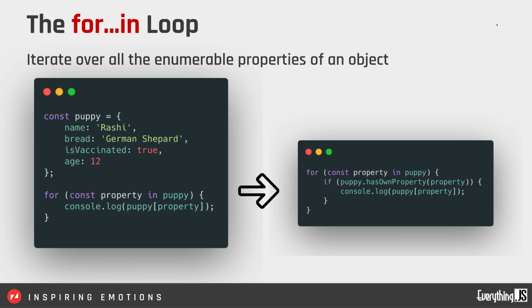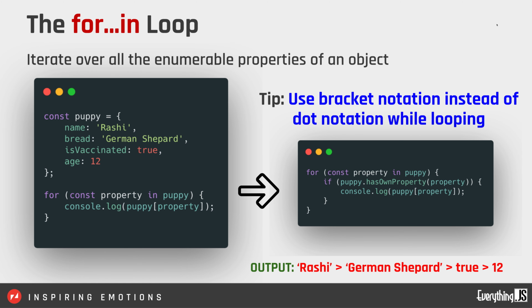So this was the answer when we executed the code snippet. There is a puppy object, and with the in operator we consider property as the variable inside the for loop.